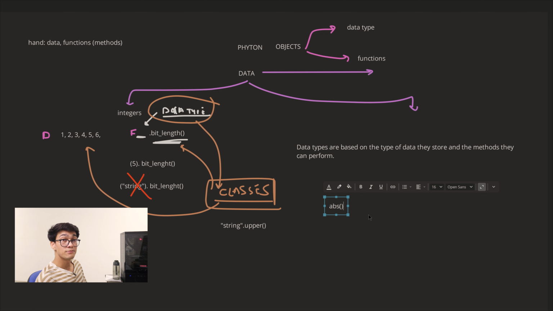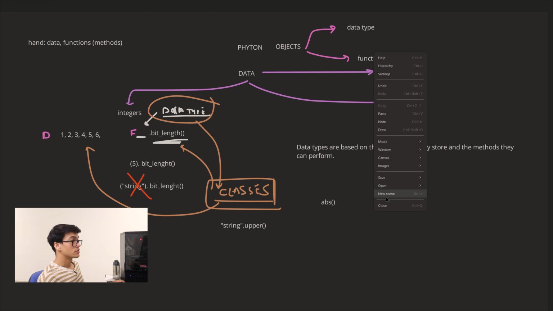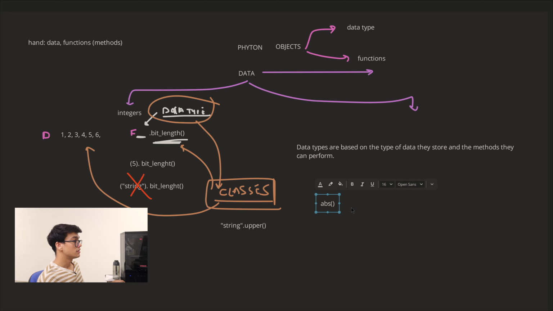So here we have global functions like ABS, we call it absolute, and this type of function only works on integers. So I will create a note and say this works on this type of data, this class, and here the class is integer, right? This cannot work on strings because this function works on a different type of data, like this bottle, and the bottle here is an integer, sorry, not string.